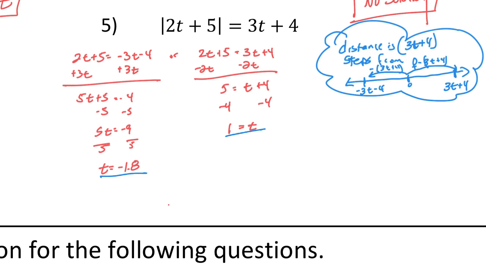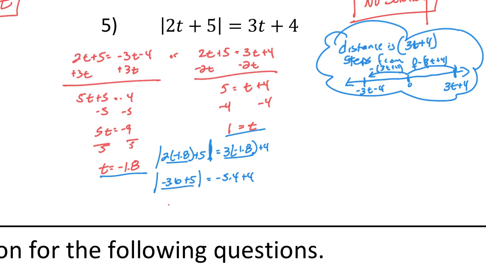So if I put negative 1.8 in there, we have the absolute value of 2 times negative 1.8 plus 5, absolute value bar, equals 3 times negative 1.8 plus 4. So this is the absolute value. 2 times negative 1.8 right there is negative 3.6 plus 5. 3 times negative 1.8 is negative 5.4 plus 4.